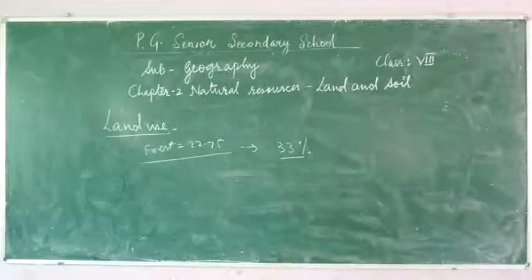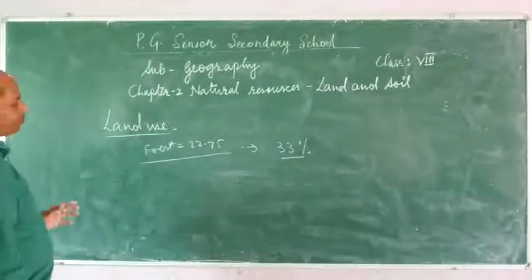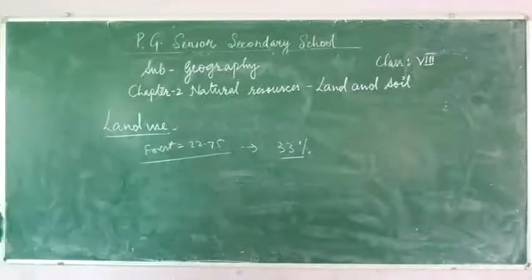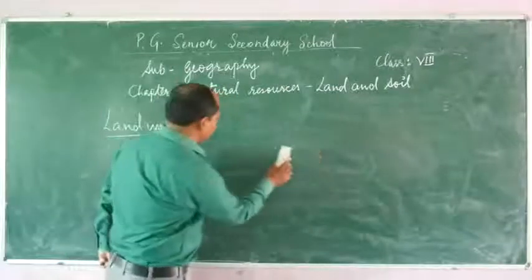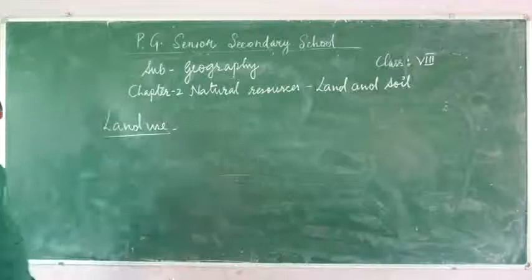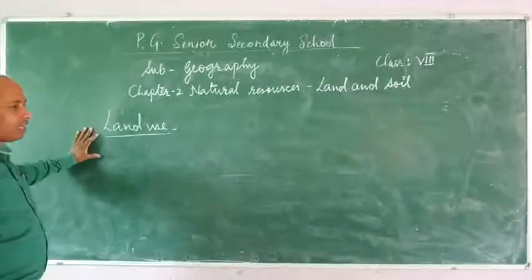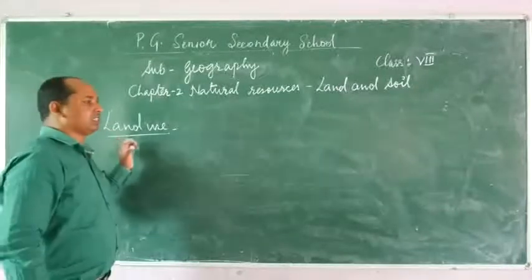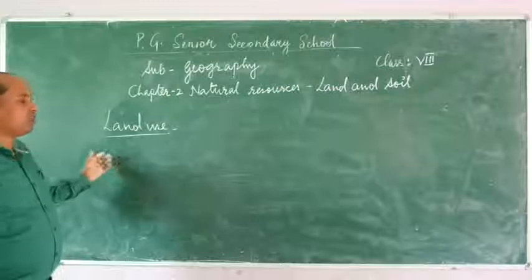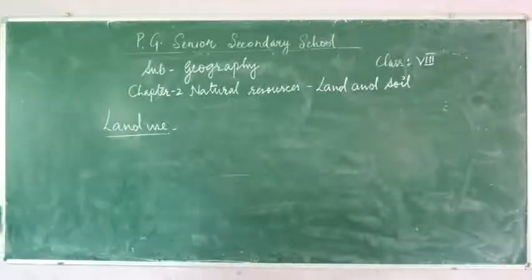Next, tree crops and a lot of things, pasture land, desert. The usage of land by us is known as land use. We can use the land for forest, for pasture, for construction, for making buildings, for roads, for transportation activities, etc.